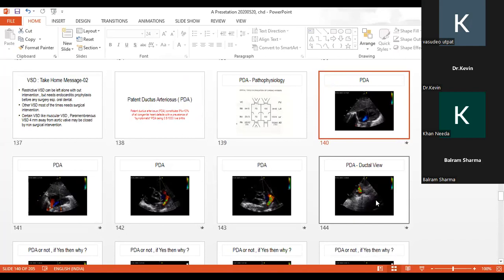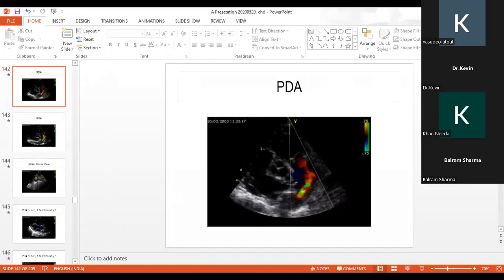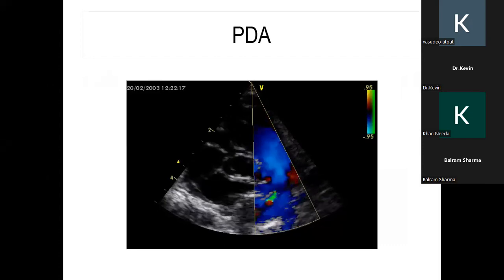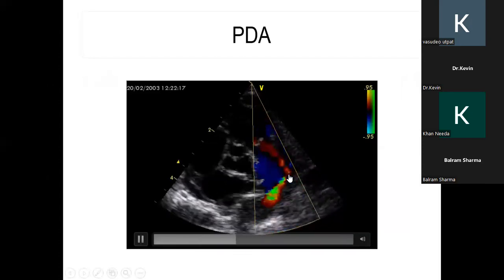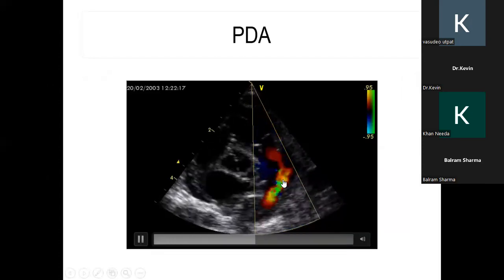You're talking of PDA or a coarctation of aorta? PDA, sir. So the most common view of PDA is the parasternal short axis view at aorta. Here is the aorta in the center, and here is the regurgitation flow, correct?